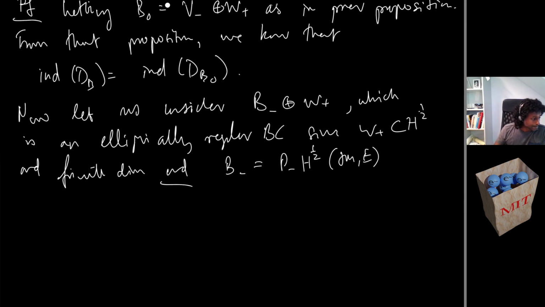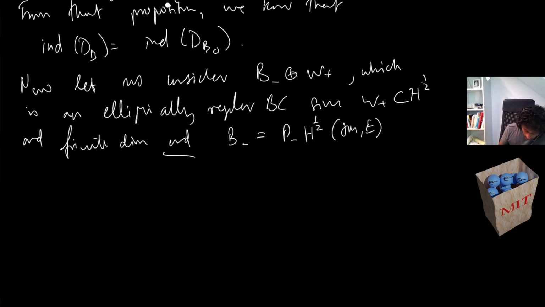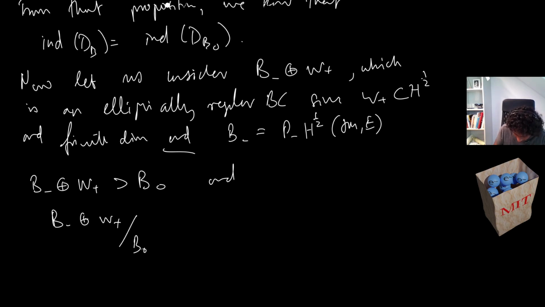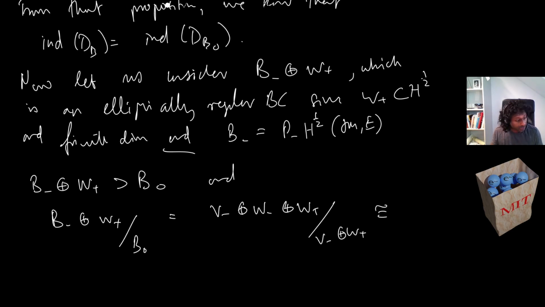Okay, so now what do we have? B minus plus W plus certainly contains B naught. And B minus plus W plus mod out B naught is equal to V minus plus W minus plus W plus mod out V minus plus W plus, which is isomorphic to this W minus piece.